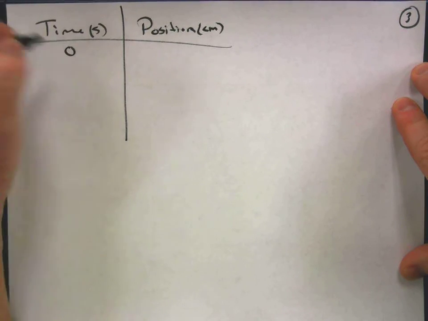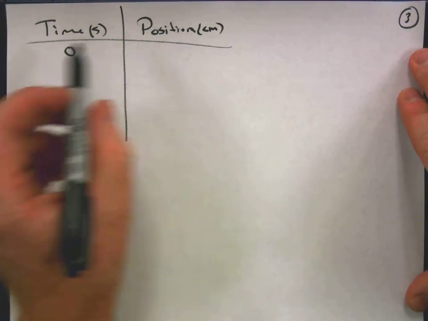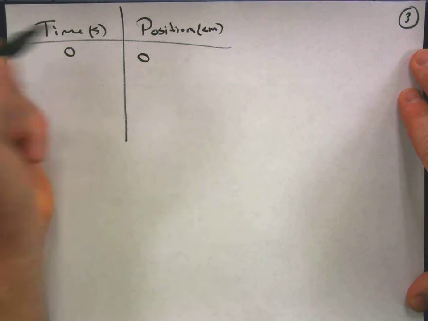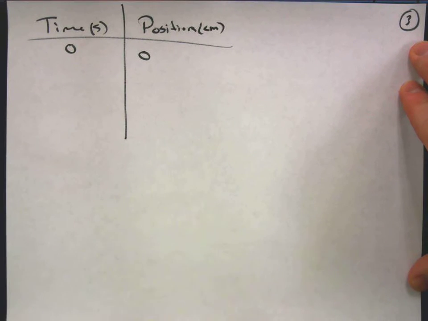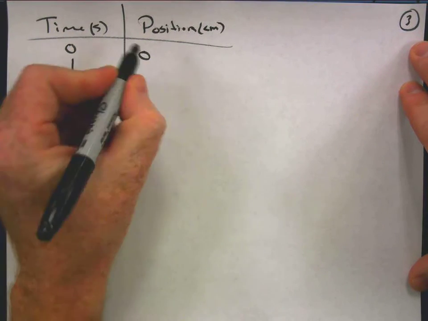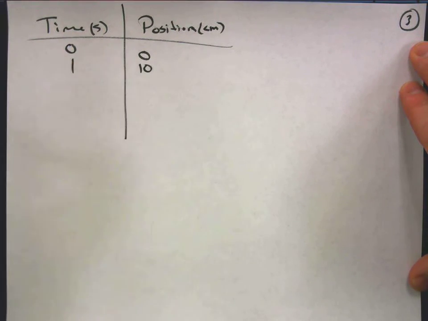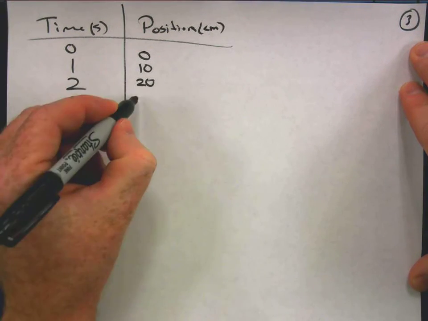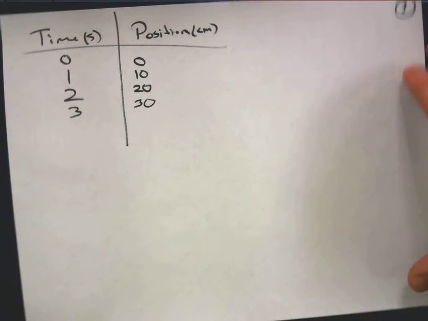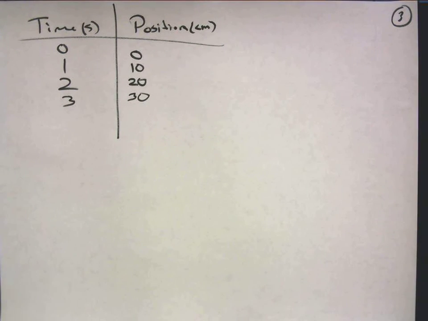So at 0 seconds, let's say we're going to start at a position of 0. We're going to start at what we're going to call the origin. And that can be anywhere, just where we'd start looking at the object. 1 second later, it is 10 centimeters away. 2 seconds later, it is 20 centimeters away. 3 seconds later, it is 30 centimeters away.